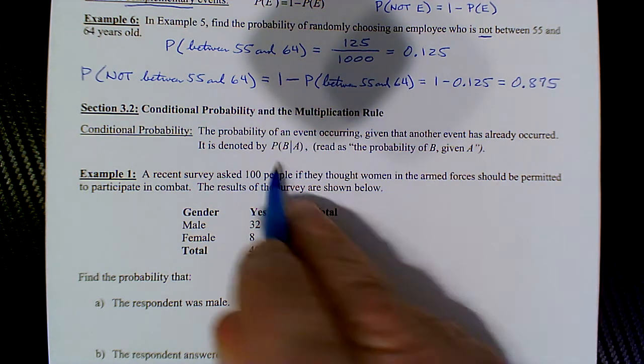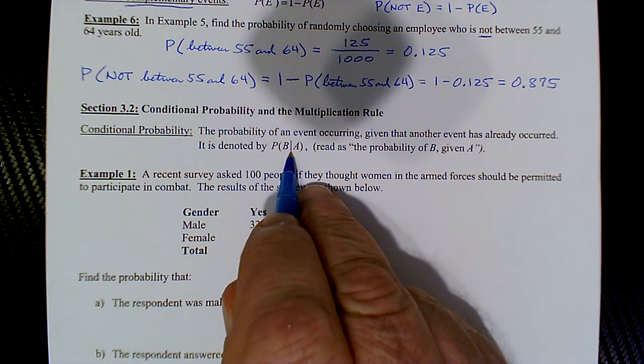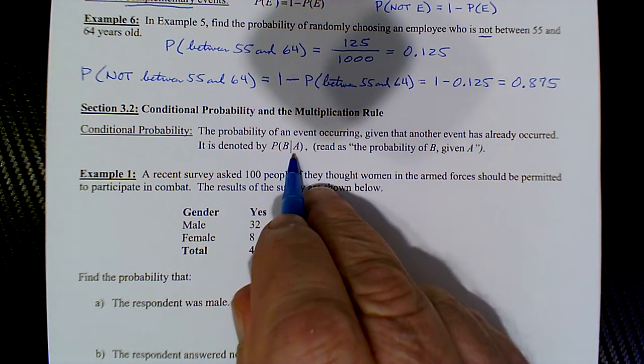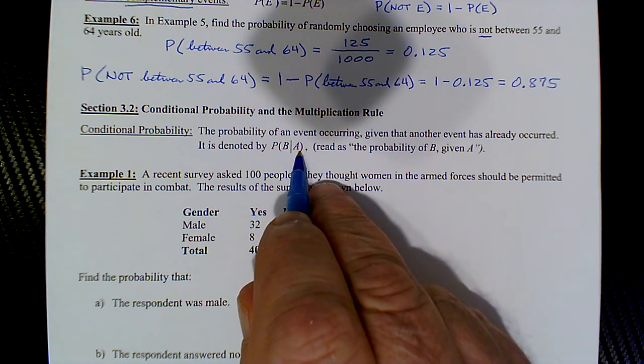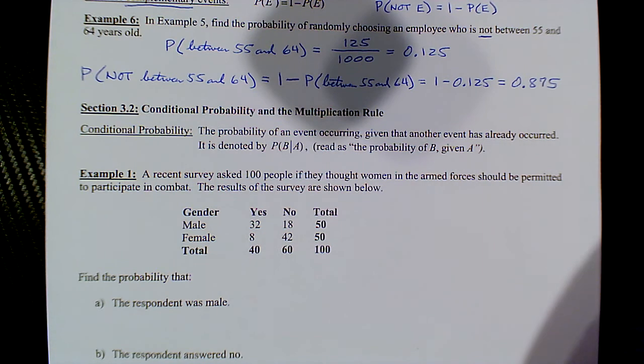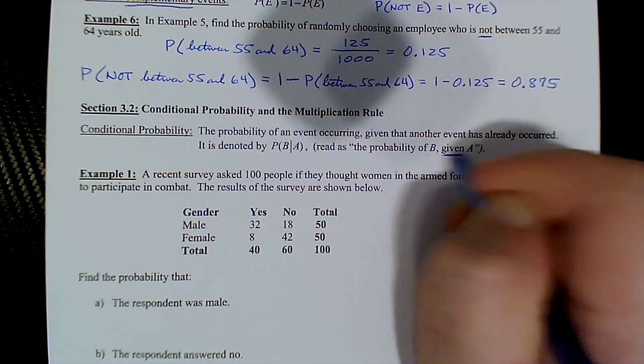So we denote it as the probability of B, and the vertical bar is read as given. So the probability of B given A. So we want to know the probability of event B given that event A has occurred. And the key word there is the given, again, is the vertical bar.